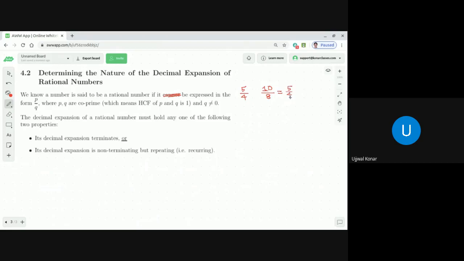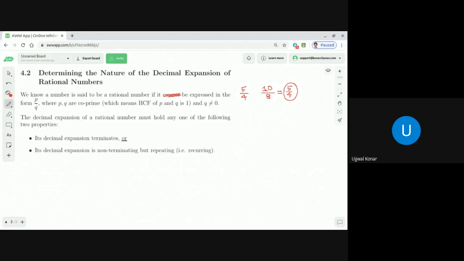And that 5 by 4 is definitely a rational number, because 5 by 4 is expressed in the form of p by q, where p is 5 and q is 4. Second one is q is not equal to 0, that is 4 is not equal to 0. And third one is that HCF of 5 and 4 is 1. Correct, my dear students? So this is the way we can represent a rational number.